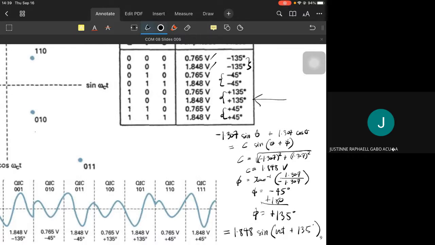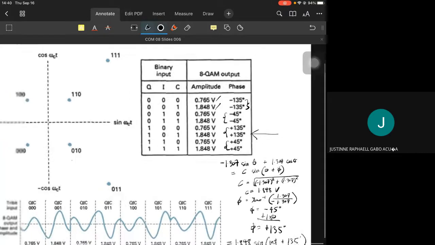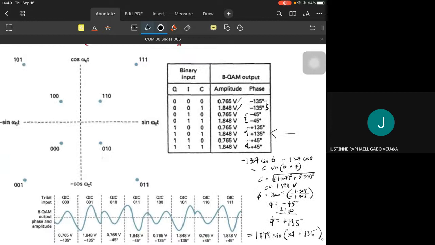Yes, nasabtan na gyud. Nasabtan na gyud, again sa pag-derive sa table. So, di na ni natagsa-tagsaon, no? Practice po. Practiceon lang ninyo ang other nga amplitudes and other phase angles in your free and spare time. Pero that's how that works. Okay?